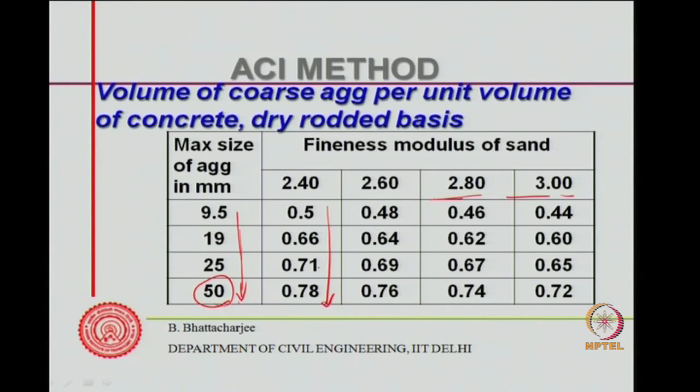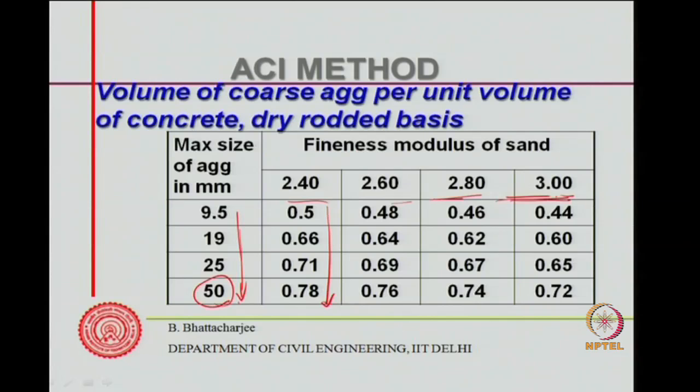Sand content would reduce, and this is related to the fineness modulus of the sand. As the fineness modulus increases, the volume proportion of coarse aggregate would reduce, because this has something to do with the overall grading or overall packing of the system.